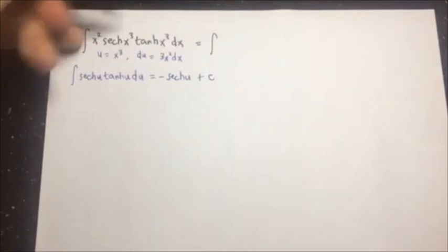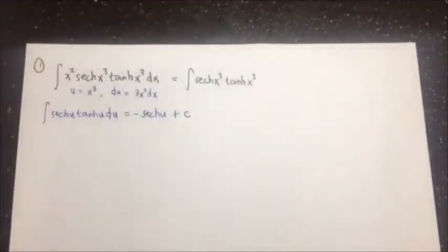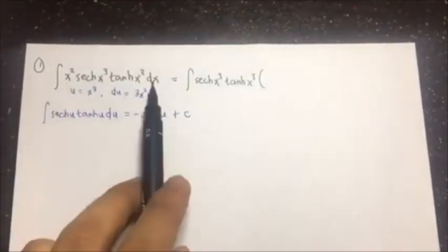So we have the integral of hyperbolic secant of x cubed times hyperbolic tangent of x cubed, then multiplied with x squared dx.